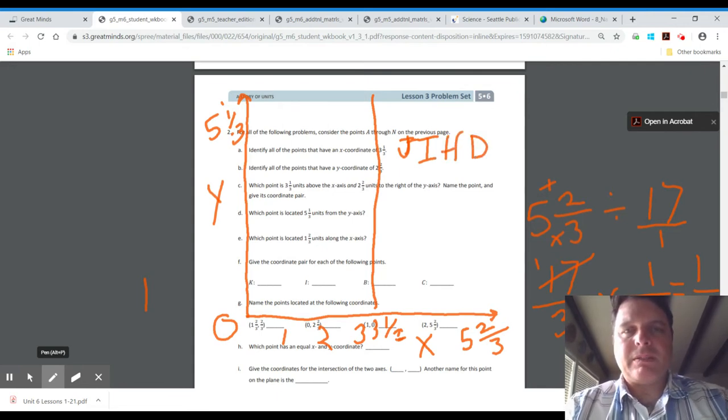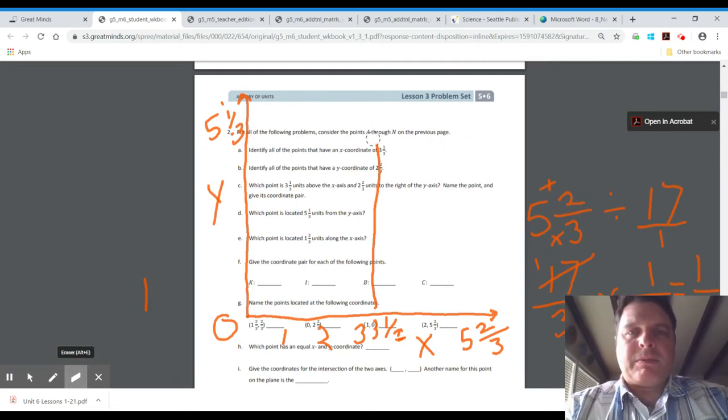Good, so that's letter A. Letter B. Okay, I'm going to erase that, and we're going to go back up. I'm also going to erase that so it's a little neater.